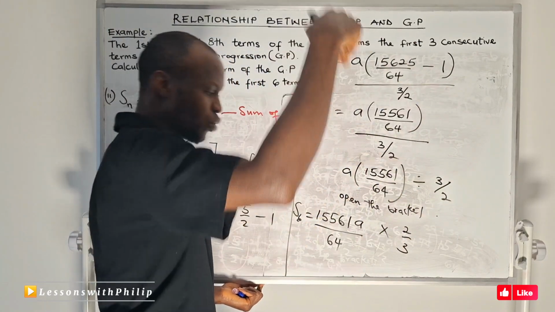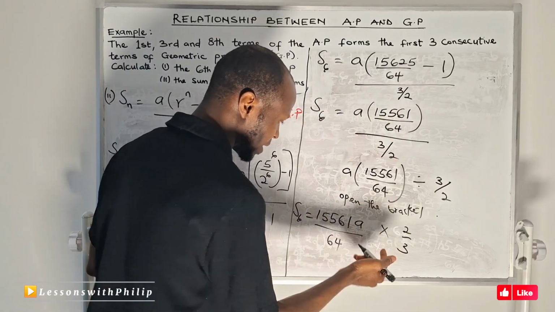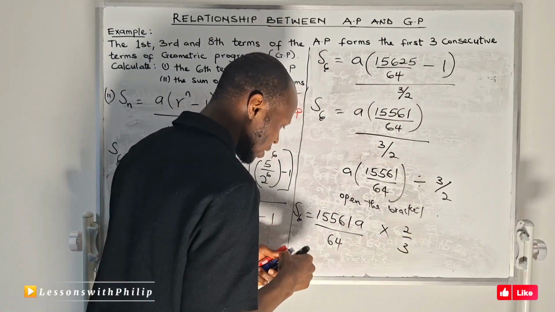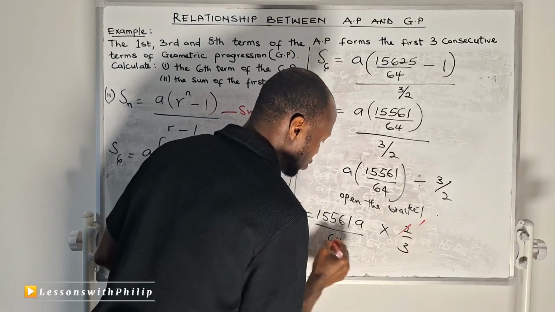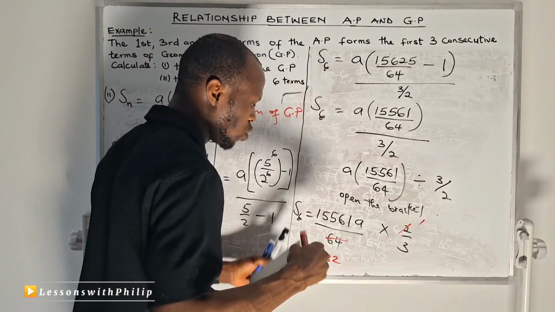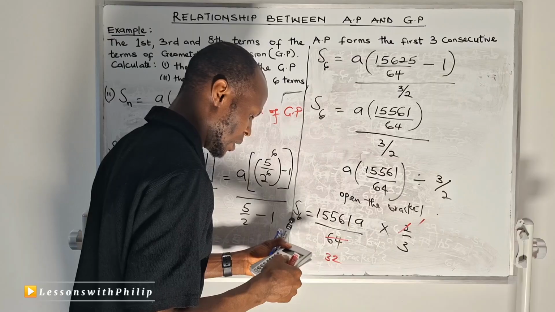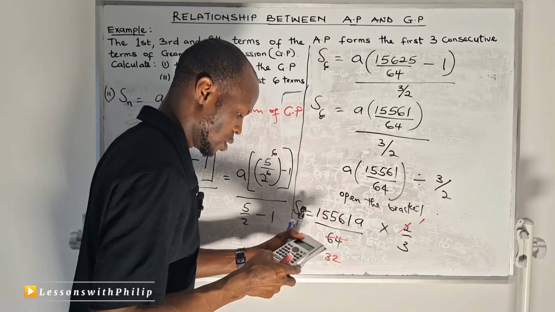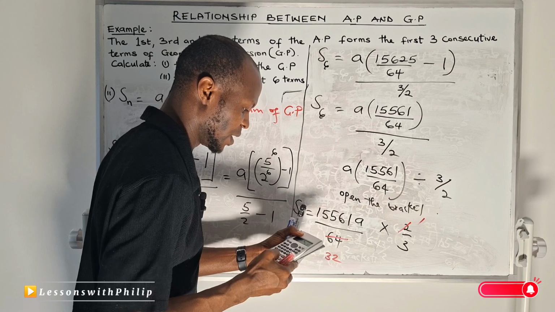The number up will go down and the number down will go up. All right? Now, if you check this now, 2 into 2 is 1, 2 into 2 is 32. Is it possible for 3 to go into 15561? Okay? Let's check. 15561 divided by 3. Is it possible?